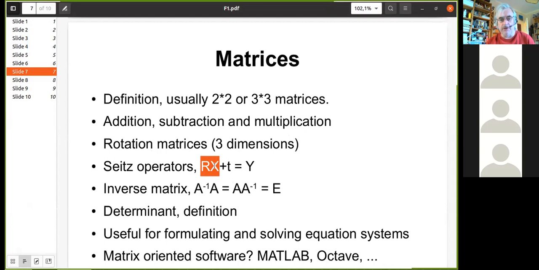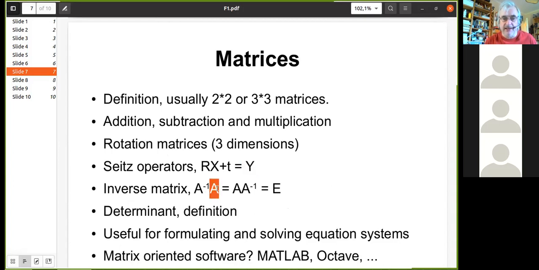So multiply coordinate vector x by a rotation matrix, add also a translation vector, and then you get a new coordinate vector. This will become apparent when we have something to calculate on and something to deal with. If it's mysterious now, it's not so problematic.